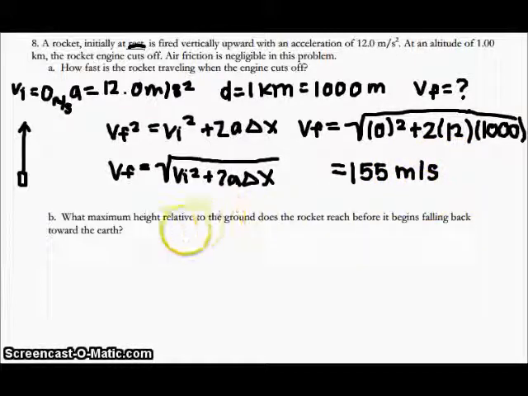There we go. And then the second part of the problem, the maximum height it reaches before falling back. So we need to find the height it gets up to. So the first thing we need to do is use our final velocity as our initial velocity, since this is when the engine cuts off.